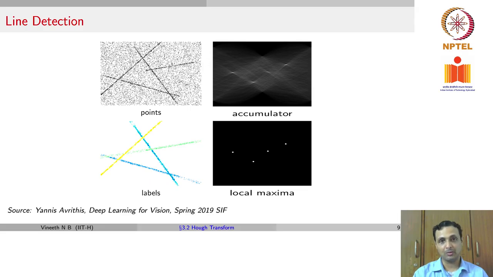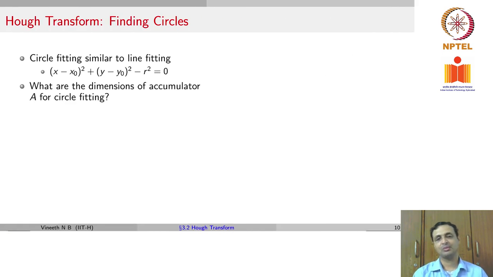And those are the points that were voting for each of those accumulator bins. This way, you can find out the equations of those lines, as well as which points in the original image correspond to those equations, to be able to extract that shape in the image. So you can actually find equations of lines in any image given to you using this approach.